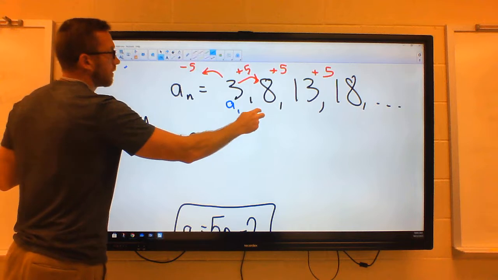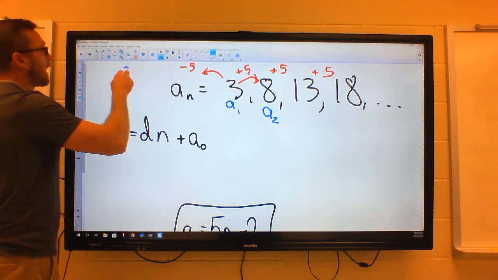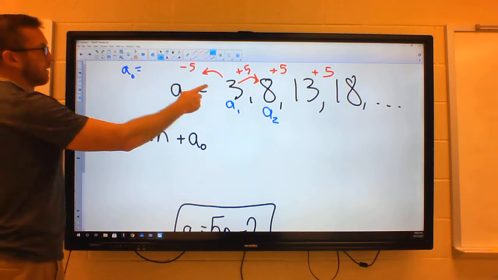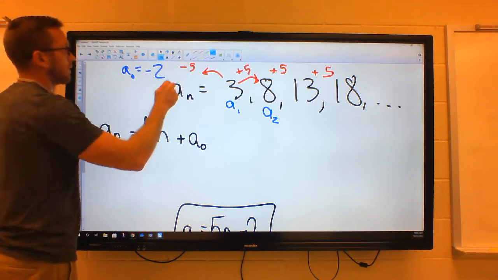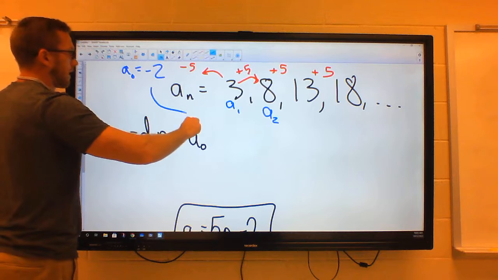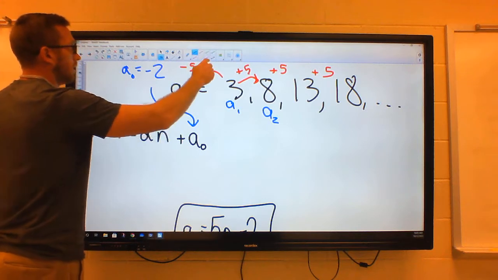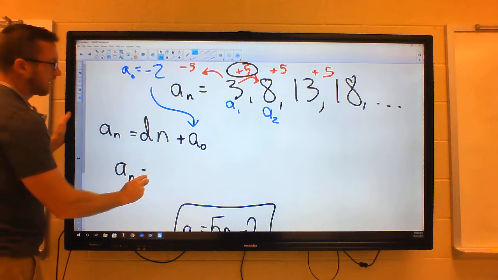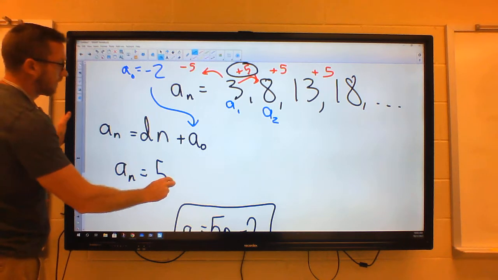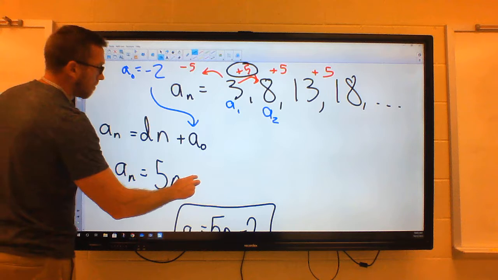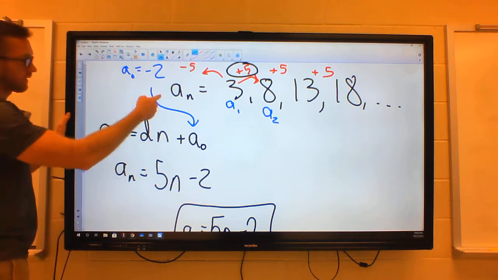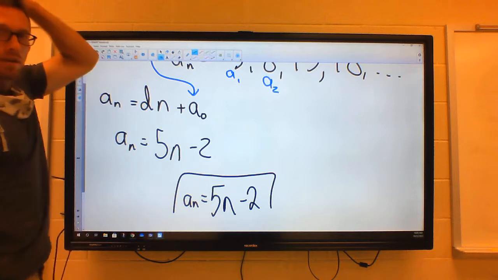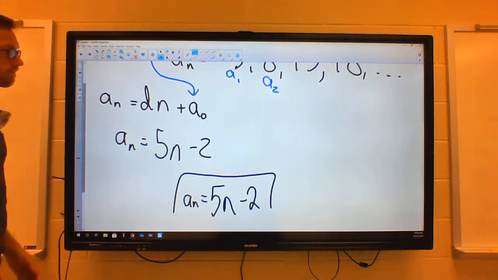This is our a1, this is our a2, and this is our a0, our 0th term. Subtract 5 from 3 is -2. So we would just plug that in right there. We still have a common difference of 5. So an is the common difference of 5 times n minus 2, because that's our a0. And guess what? We get the same answer either way, no matter which way we solve this.